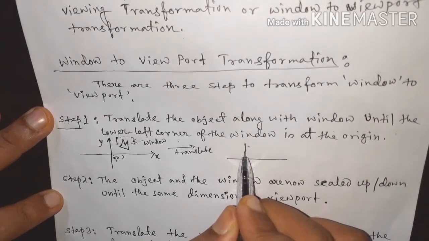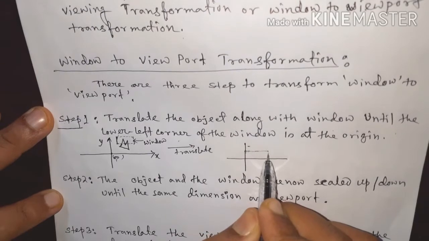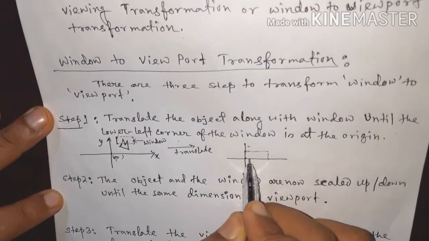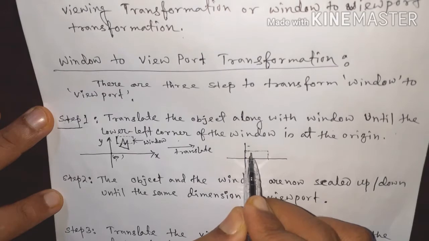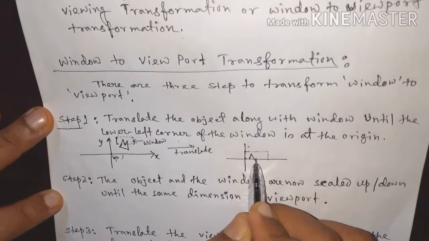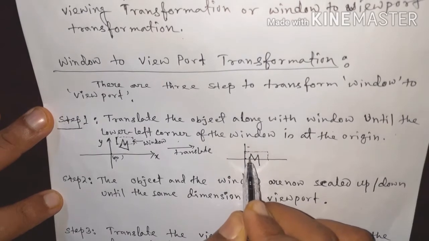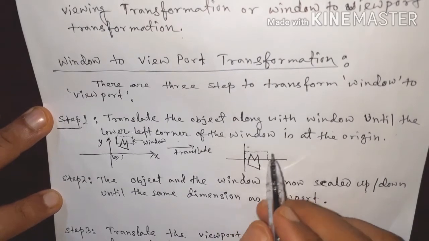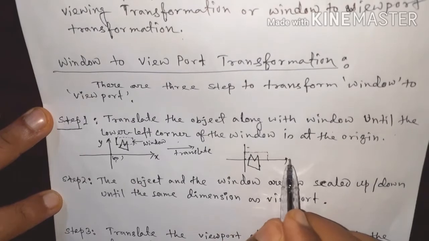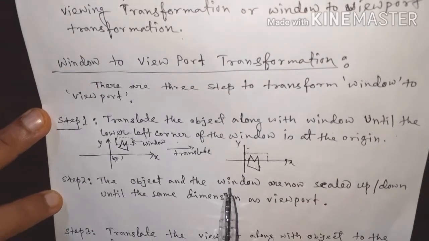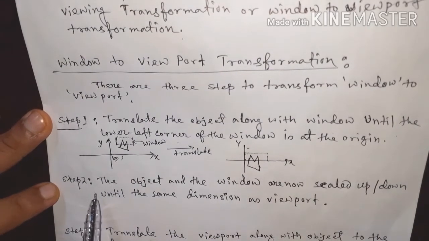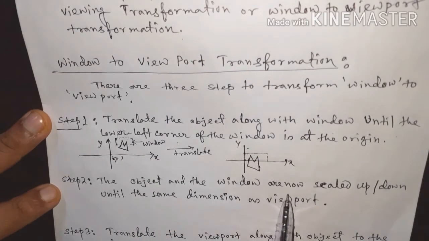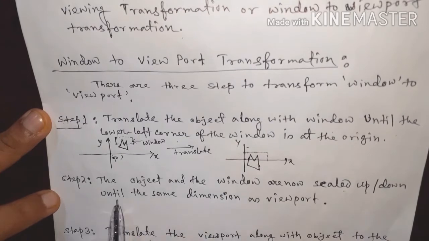So here the window comes at the 0, 0 position. X-axis, y-axis.